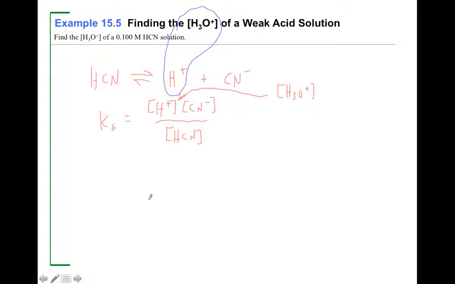Got to look up the Ka of HCN, right? Because we're not given that. So I'm looking in the book for HCN, and I see it on page 611, table 15.5.